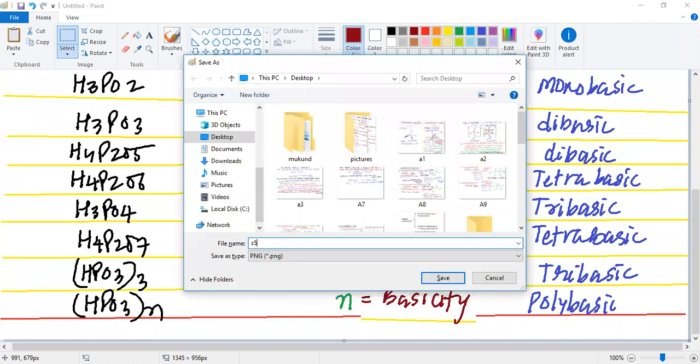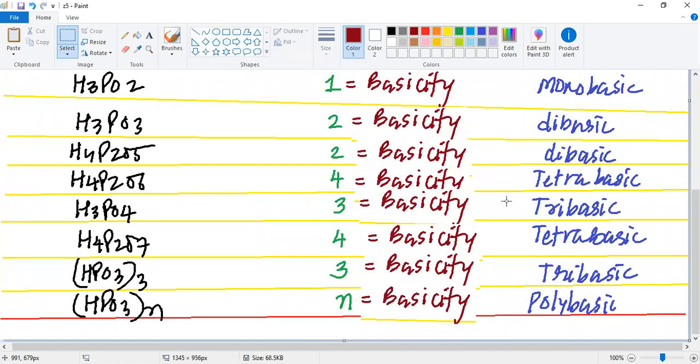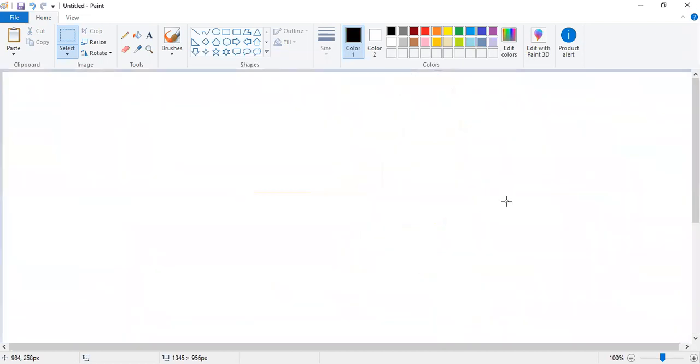Then we have the next feature to study about the oxoacids of phosphorus. And my dear students, this next feature is about the disproportionation of the acids.